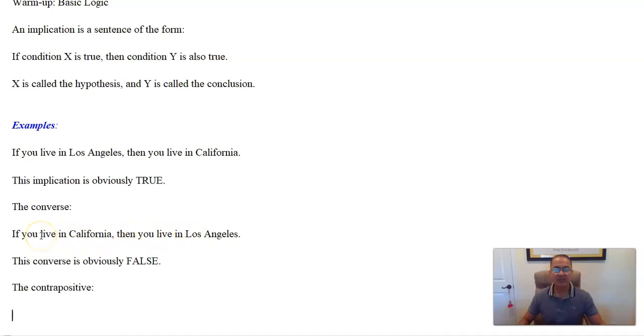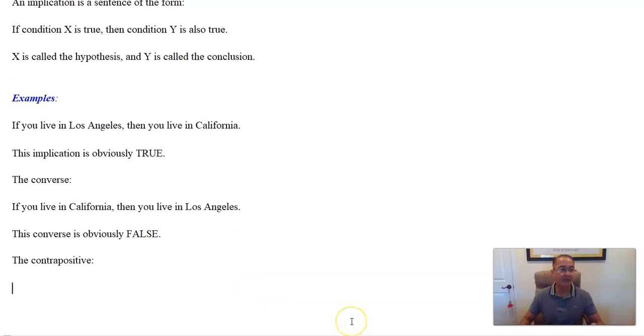In other words, the word not or don't or never will appear in both of these phrases. So in this example, the most natural way to write the contrapositive would be, if you don't live in California, then you don't live in Los Angeles.